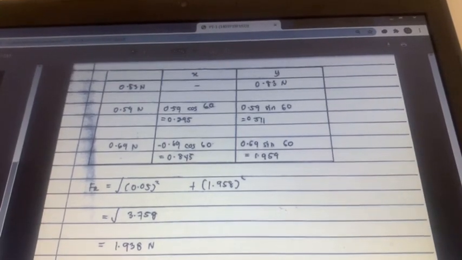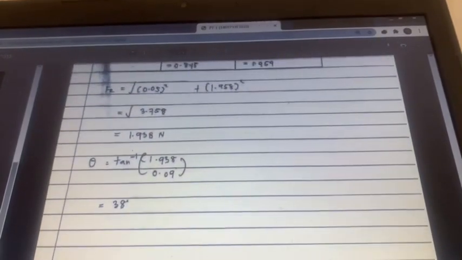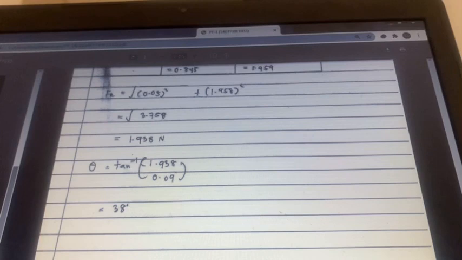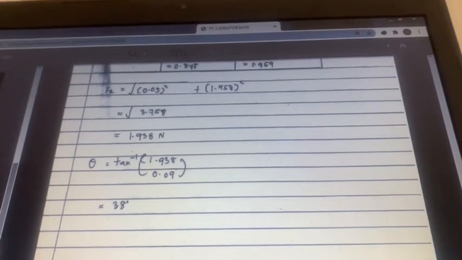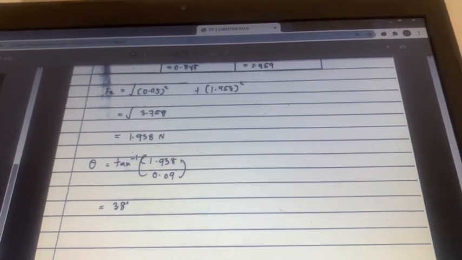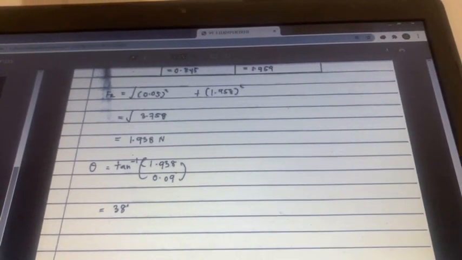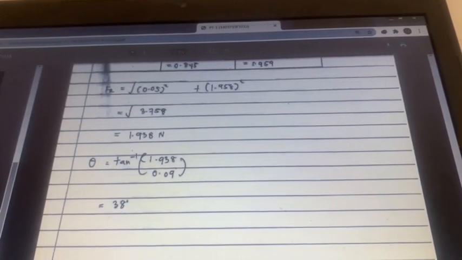The square root is equal to 1.938 Newton. The angle equals tan inverse of 1.938 over 0.09. When we press the calculator, it equals 38 degrees.